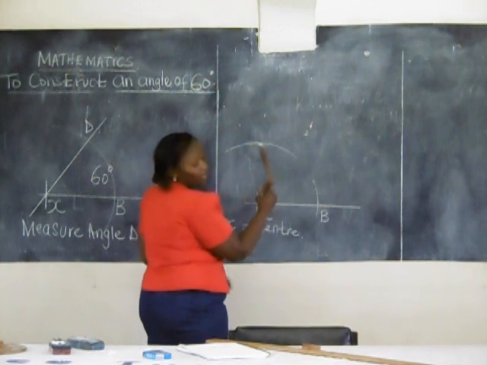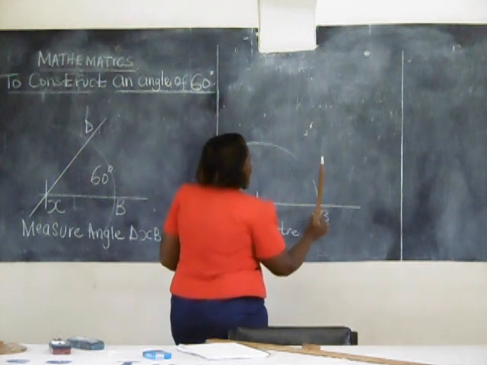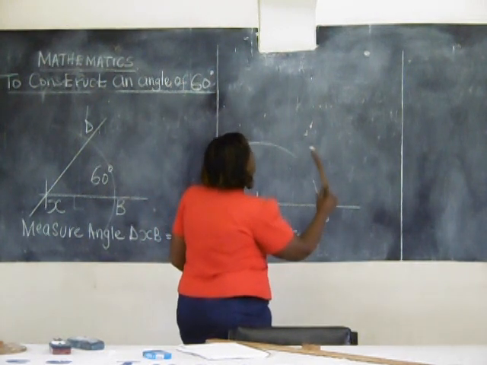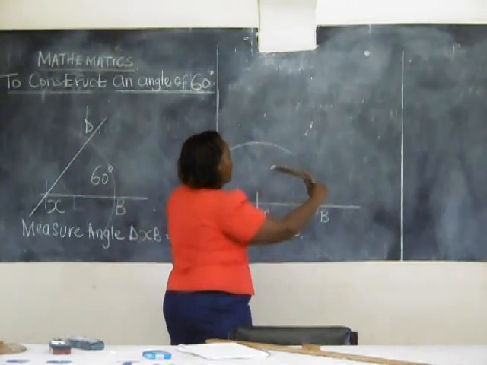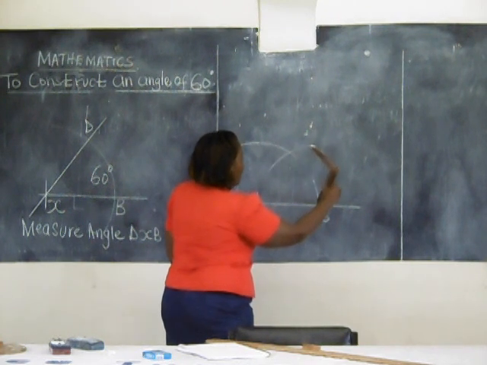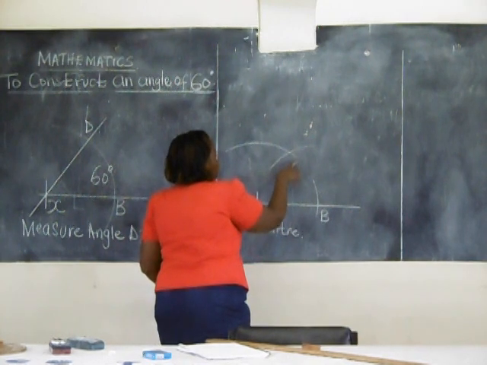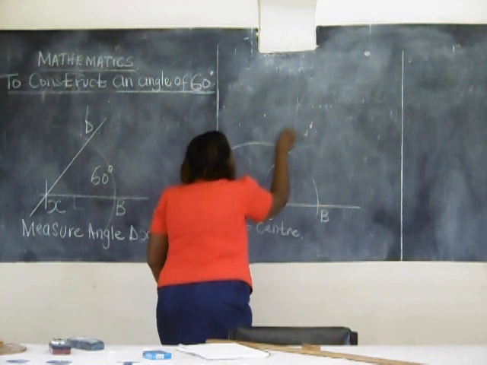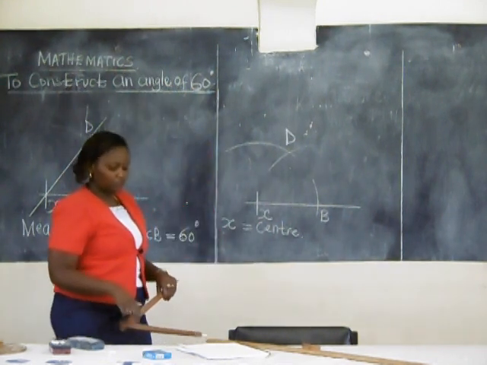Are we together? Good. Having done that, place your pair of compasses again at B and let your arcs intersect at point D. Have you done that? Good.